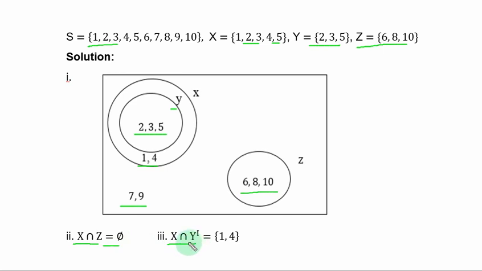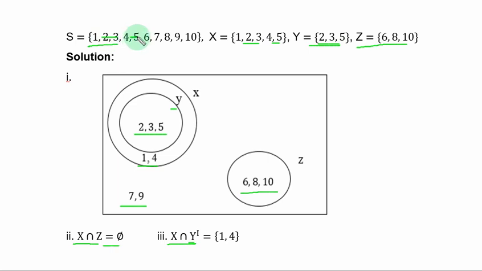So you need to get Y complement, the elements in the universal set, but not in set Y. Set Y has 2, 3, and 5. So let's come here and remove 2, 3, then let's remove 5.